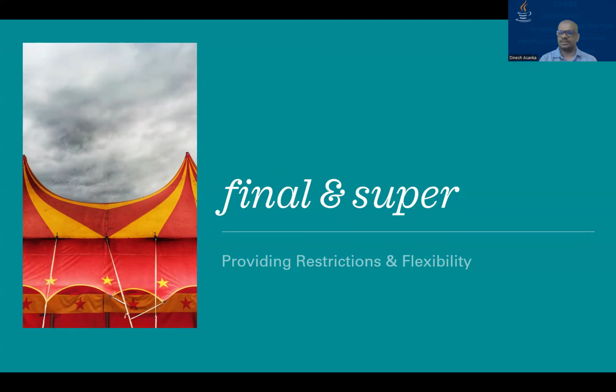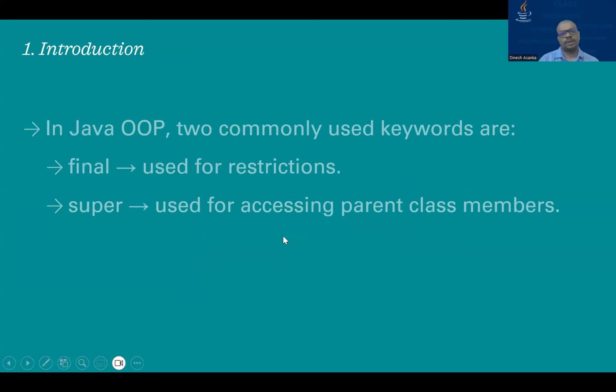Final and super provide some restrictions and flexibility. The final keyword is used for restrictions. The super keyword allows us to access parent class members. In other words, it provides some level of flexibility.